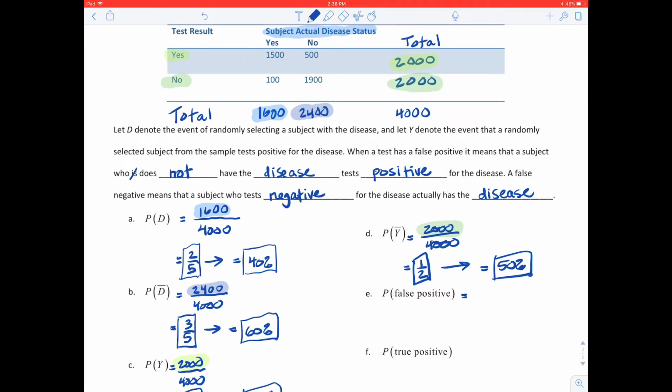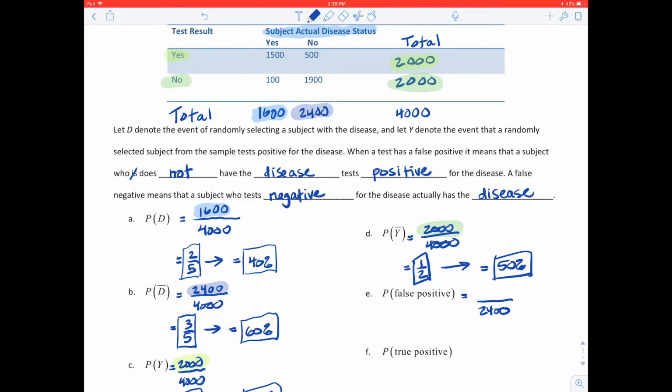Now a false positive, let's think about this. False positive means the test turned out positive, but you're not sick, you don't have the disease. Given that we don't have the disease, how many of the subjects don't have the disease? Beautiful, it was the 2,400. So your denominator is going to change because we know that they're not sick with this disease.